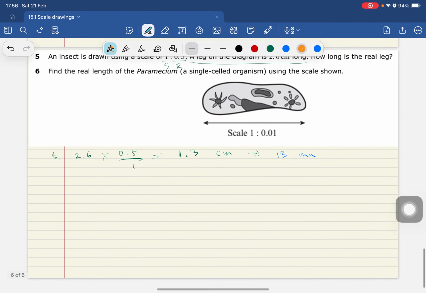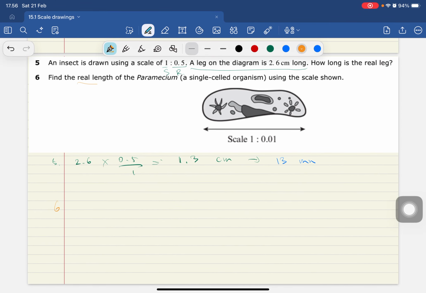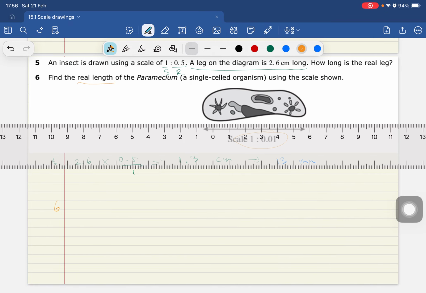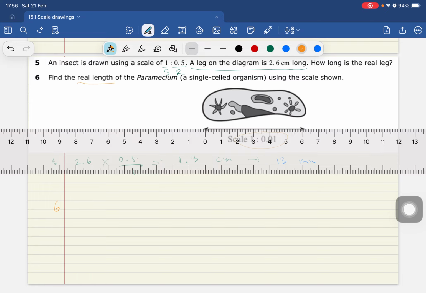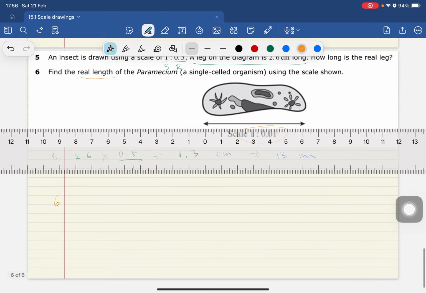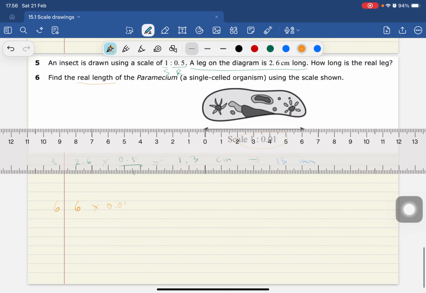Next, number 6. Find the real length of the paramecium using the scale shown. We have to use a ruler. This depends on the size, so it's going to be 6. So 6 we multiply by 0.01 divided by 1.